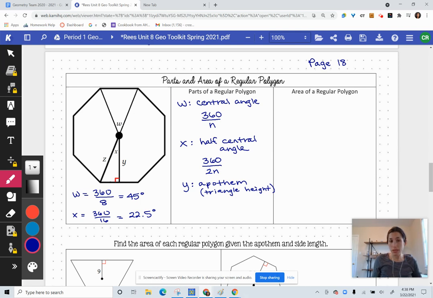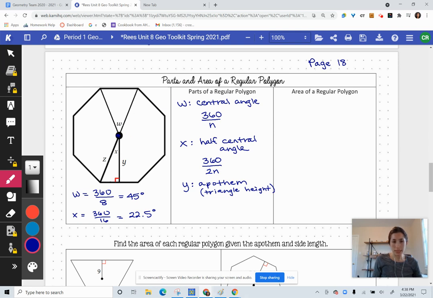Now, an apothem is the distance from the center of a figure to the middle of one of its sides. So we have essentially in this figure 8 of those segments from the middle to the center. This would be another example of an apothem. This would be another example of an apothem. Or this, middle to the center, okay?